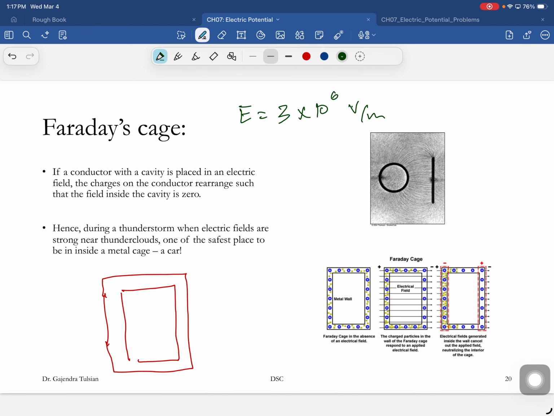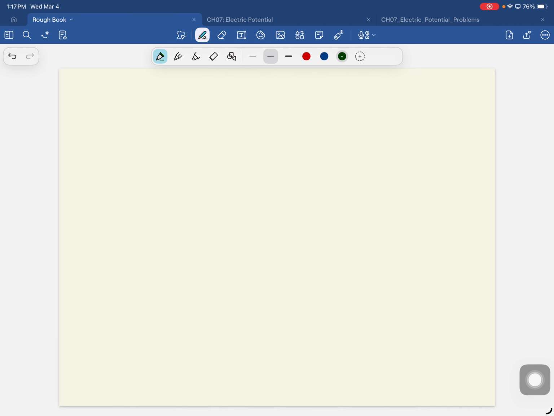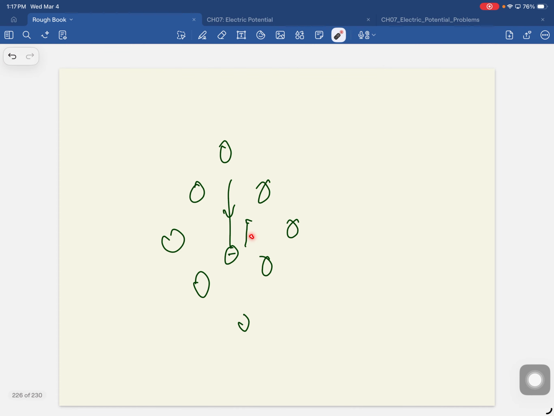Very good. At these high fields, here is air that is insulating. And if you have a stray electron, which you always do, in an electric field like this, it will accelerate and start knocking off electrons from these molecules.